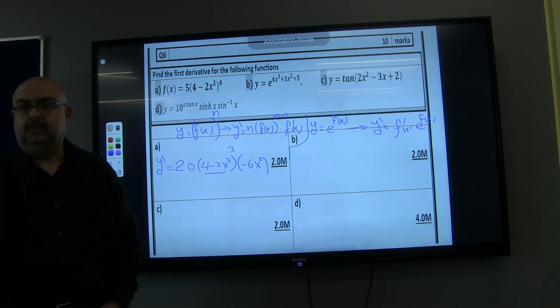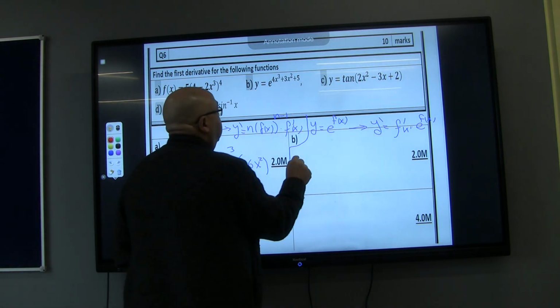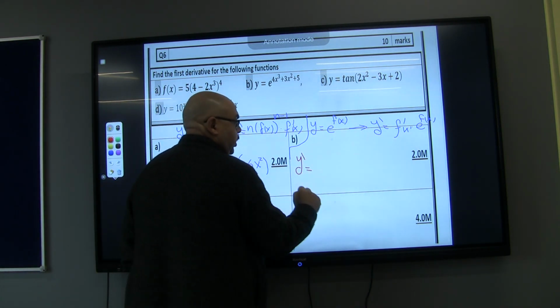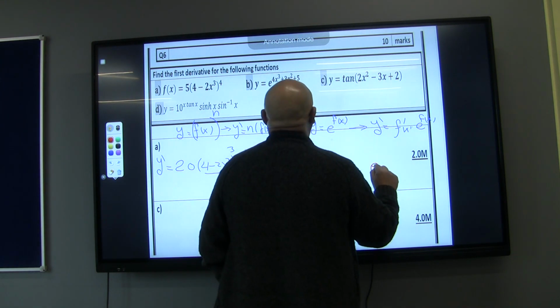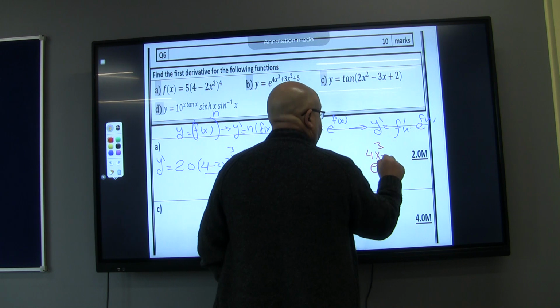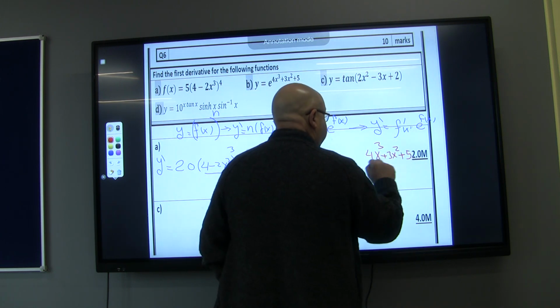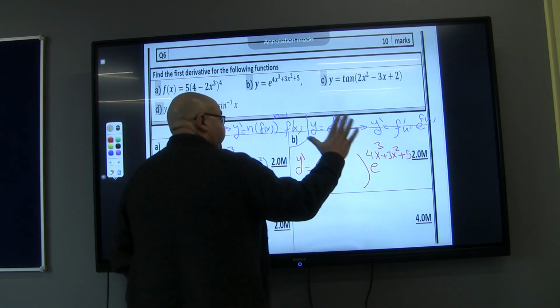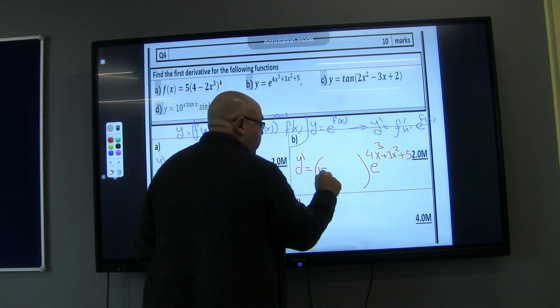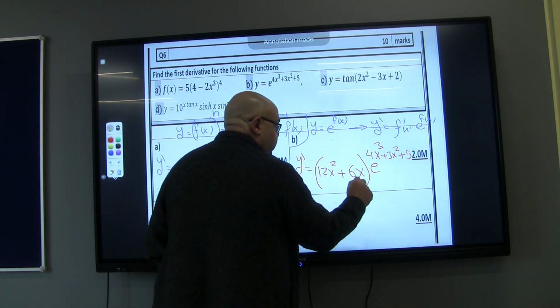So, once we start differentiating, you will have y dash equal to the same exponential function, e to the power of 4x cubed plus 3 over x squared plus 5. Then start differentiating the power, which is going to be 12x squared plus 6x, and you are done.